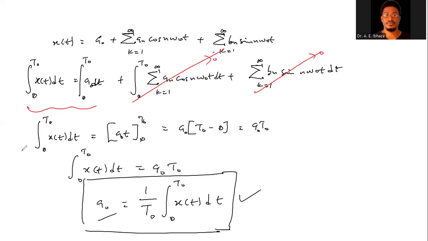So the next thing to do is to evaluate a_n. This time we want to multiply both sides by cos n omega naught t, and at the same time integrate over one time period.